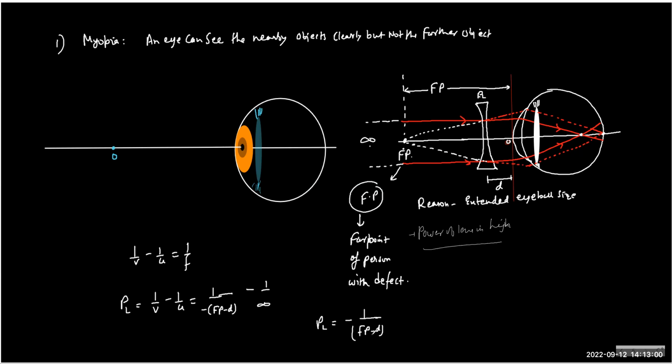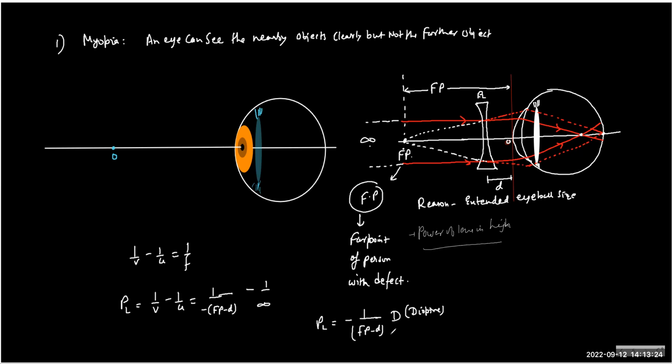So if FP and D are measured in meter, then this is in diopter. This is called diopter, D. I hope you know the name. So when you measure things in diopter, you put FP and D in meter.